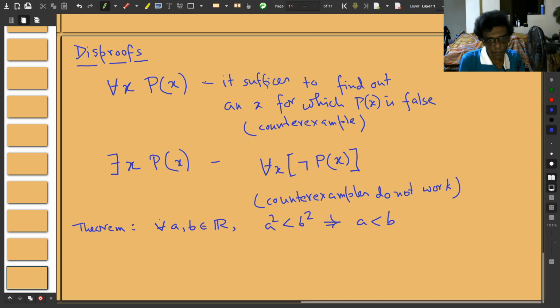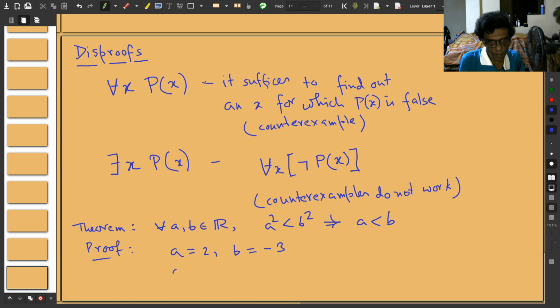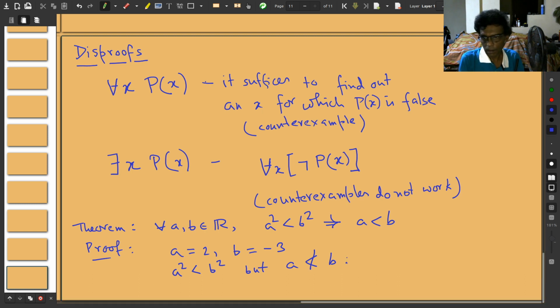So since this is a for all type of statement, it is sufficient that I give a simple counterexample. So for example, I can take a equal to 2, b equal to minus 3. And definitely a square is less than b square, but a is not less than b. Okay.